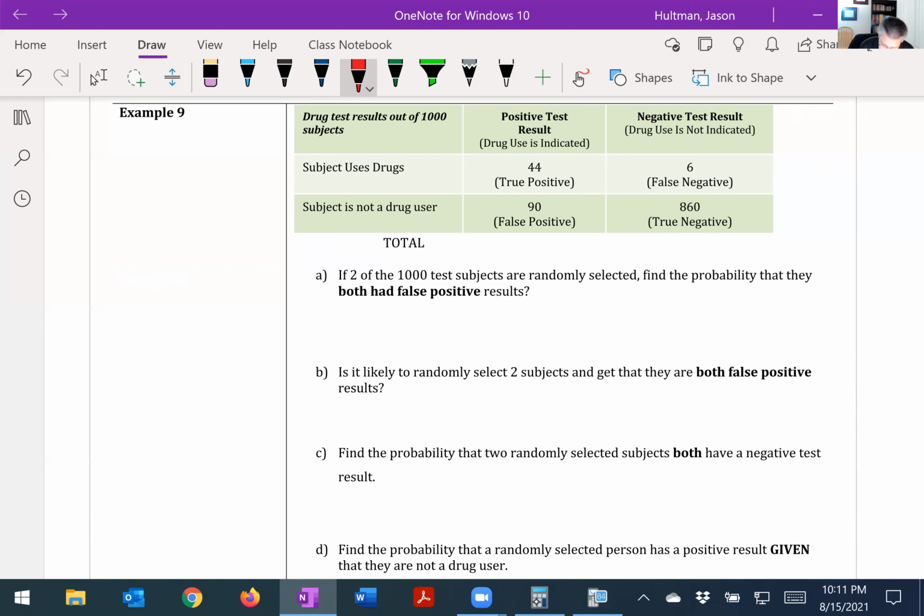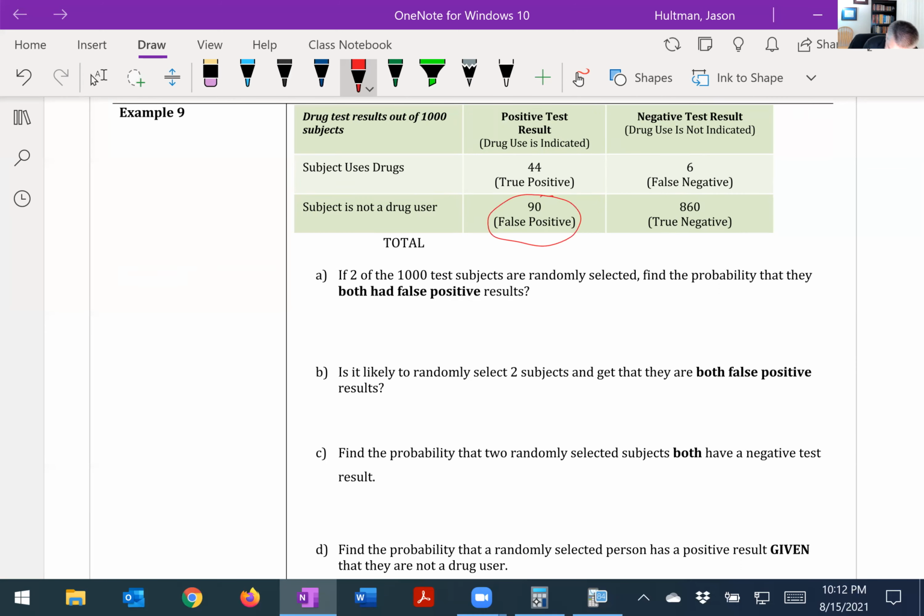2 out of 1,000 tests are randomly selected. Find the probability that they both had false positives. So what's the probability of getting a false positive? Well, what are the false positives?